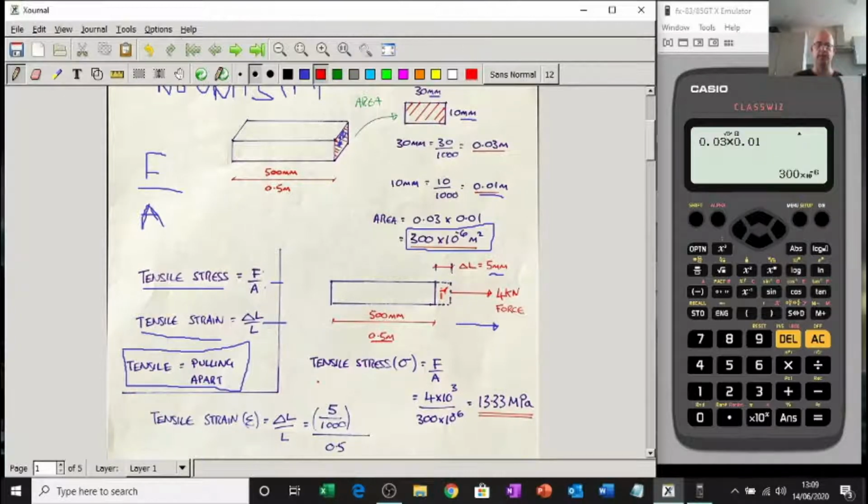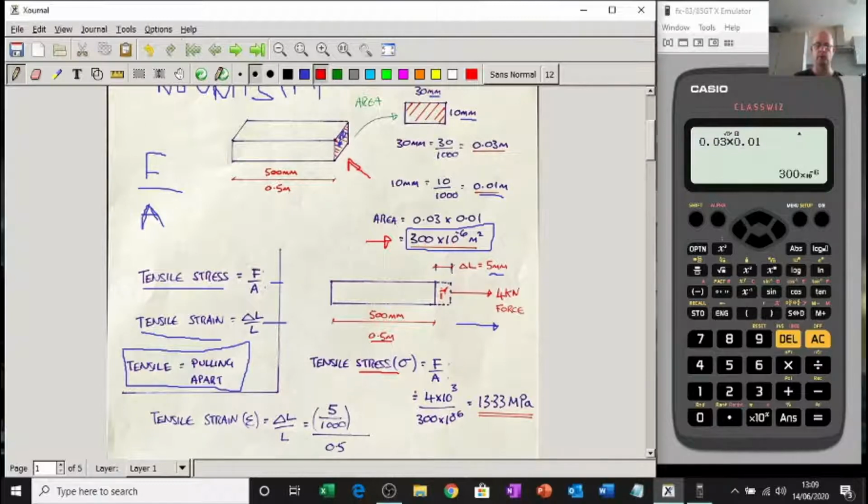So we need to work out the tensile stress induced in this metal bar due to this force. And we know that stress is force over area. What's the force? 4 kilonewtons. Don't forget the K. What's the area? It's the cross-sectional area here, which is 300 times 10 to the minus 6.